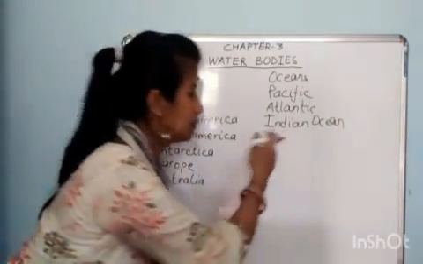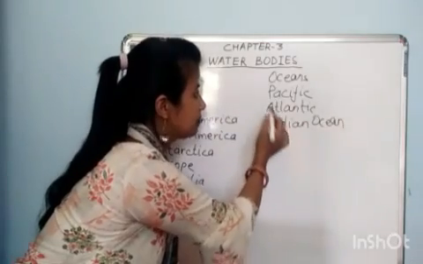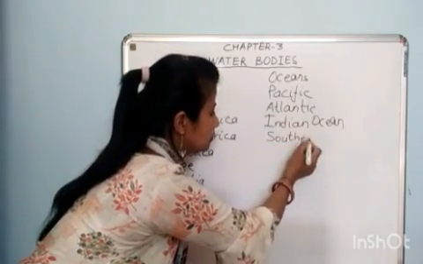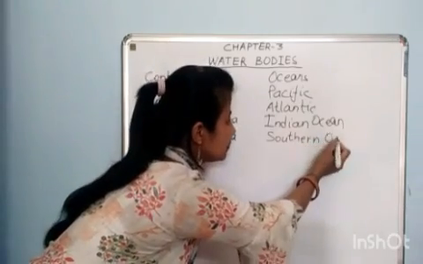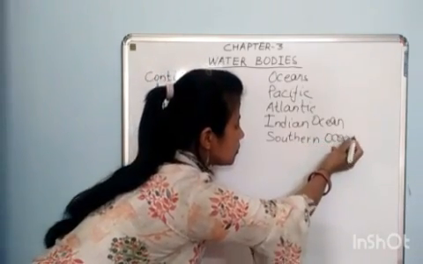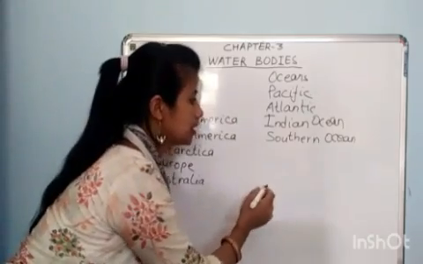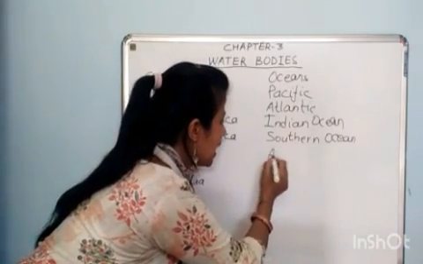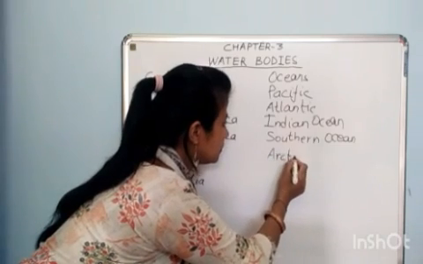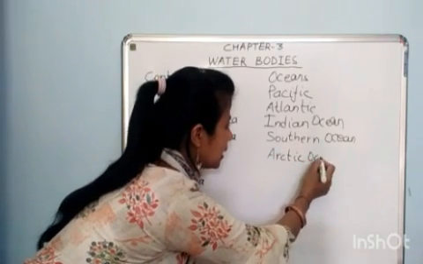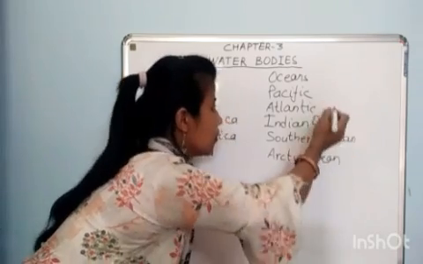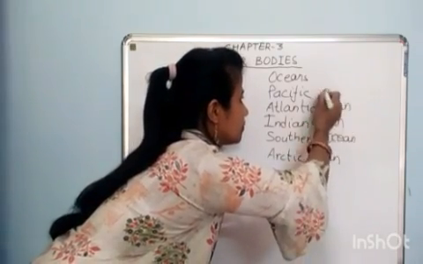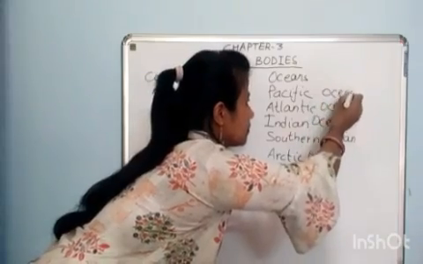Then Indian Ocean. Then Southern Ocean. And the last and the fifth one is the Arctic Ocean.